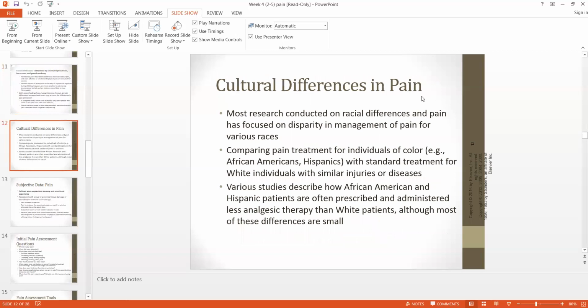So again, cultural differences in pain, and in this case, we're talking about racial differences. We should not be discriminating in any kind of treatment for people. It does not matter what their gender is, what their age is, what their skin color is, what their country of origin is, for how we treat patients.